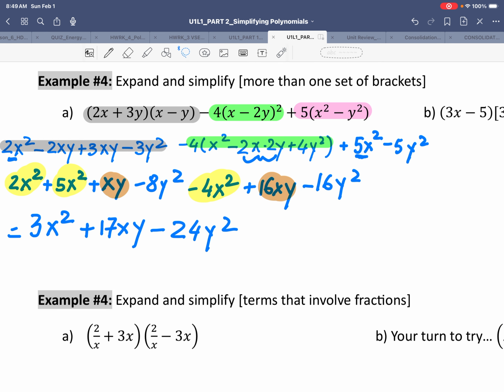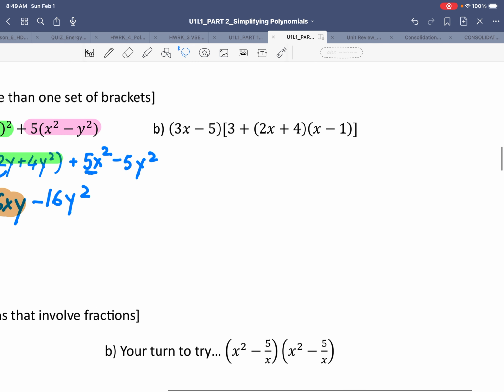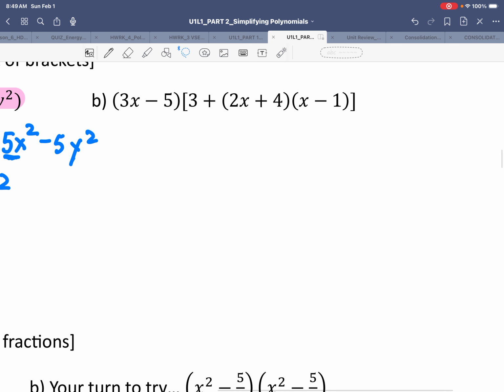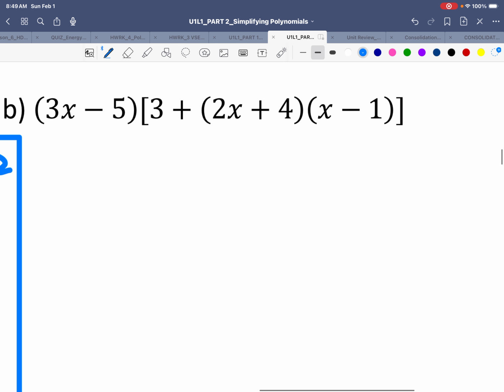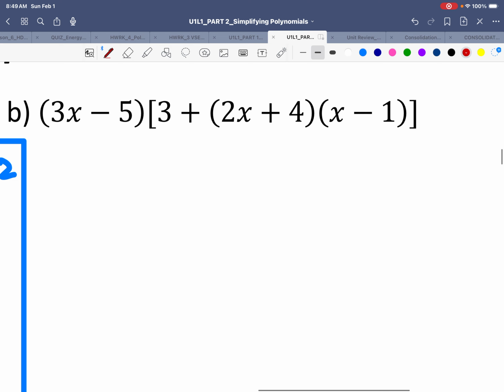Okay, so in the next question, we have again something similar, but as you can see, you see the presence of square and round brackets. So remember, the round brackets are considered to be the inside brackets, which means that we would first have to identify what you have.